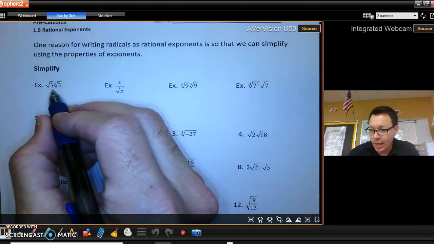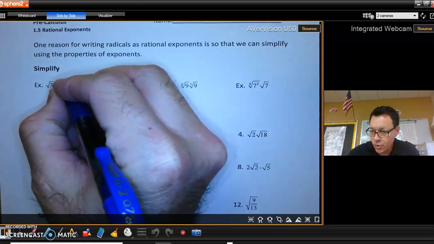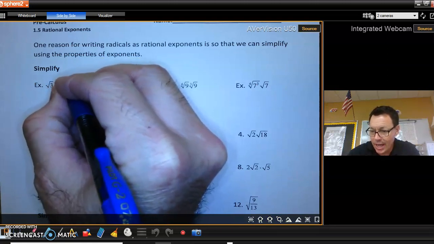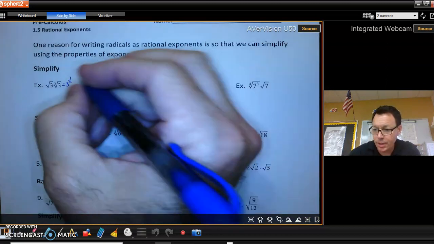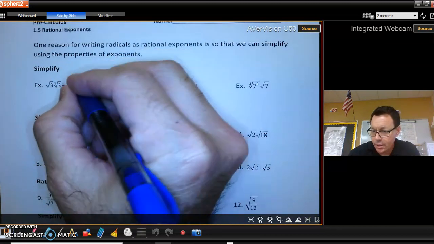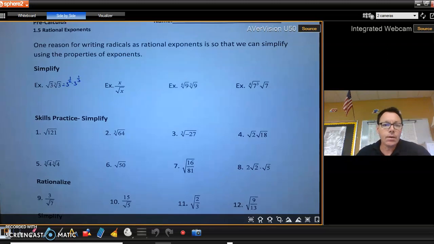If I rewrite radical 3 as 3 to the 1/2 power, and if I rewrite the cube root of 3 as 3 to the 1/3 power, now I can use what I know about properties of exponents and also what I know about rational numbers to simplify this.